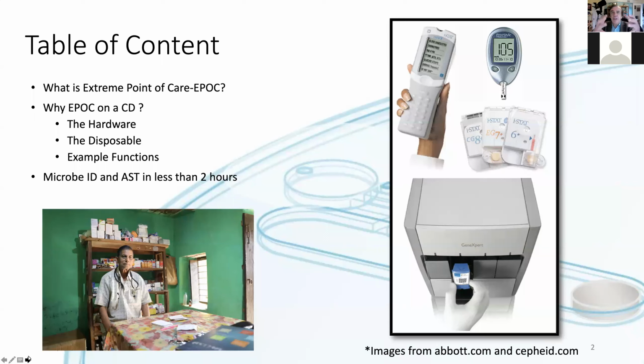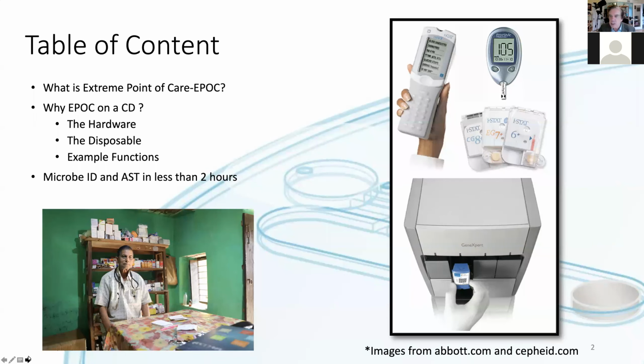The hardware will be the box where you put your CD in, and the CD is the disposable. And to make you familiar with the operation of that instrument, we will give some example functions. And then we come to the major part of the discussion, which is how can we do microbe identification and AST, so antibiotic susceptibility testing, in less than 2 hours.